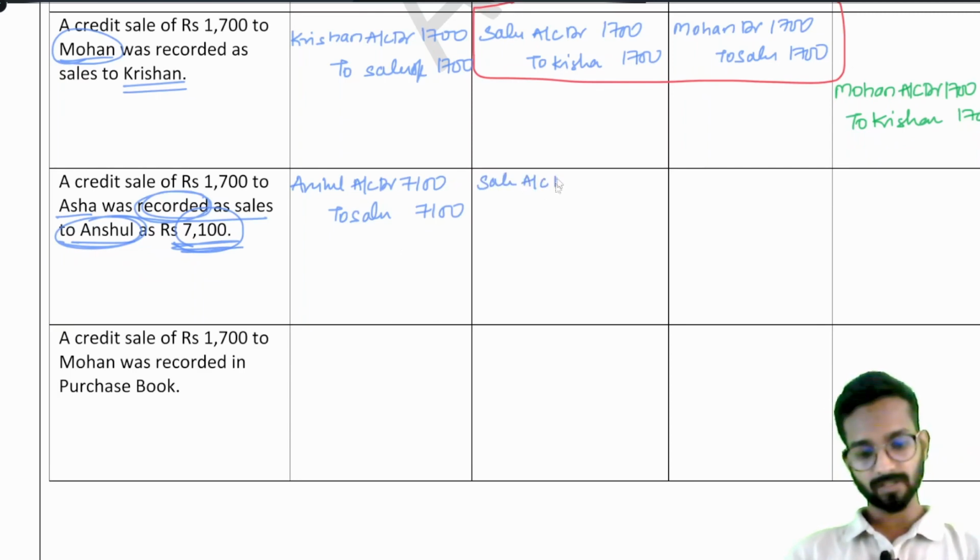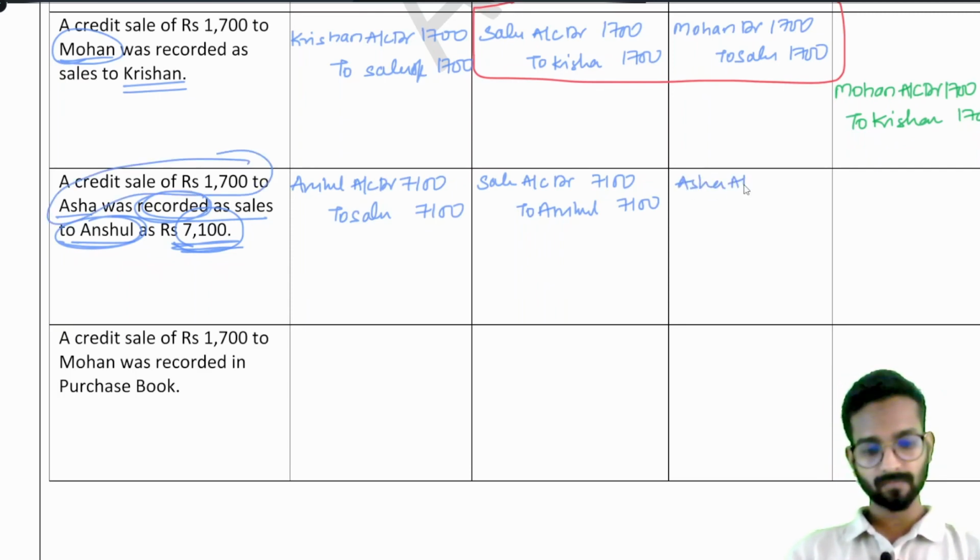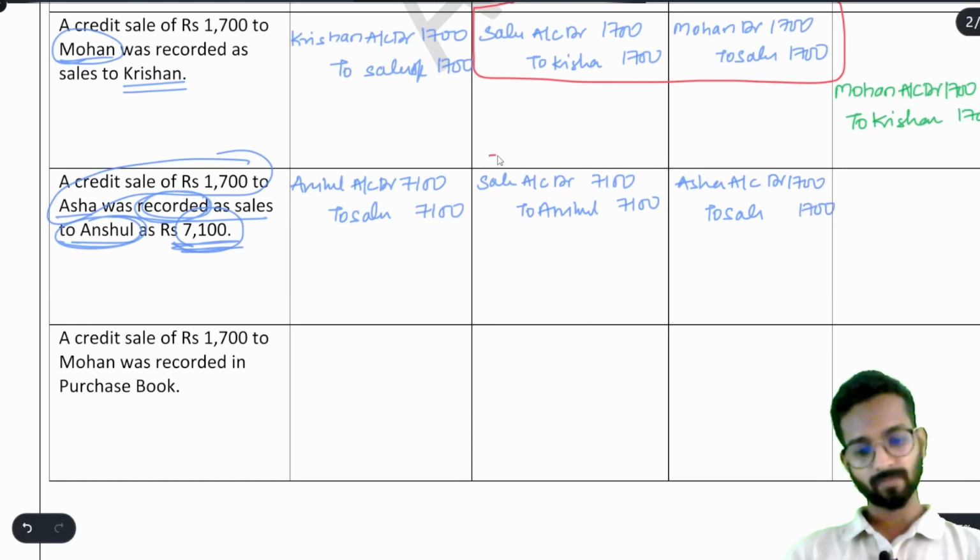Sales account debit to Anshul 7,100, 7,100. Simple. What is the correct entry? Correct entry was credit sale of 1700 to Asha. So, Asha account debit to sale. How much? 1700, 1700. Understood?